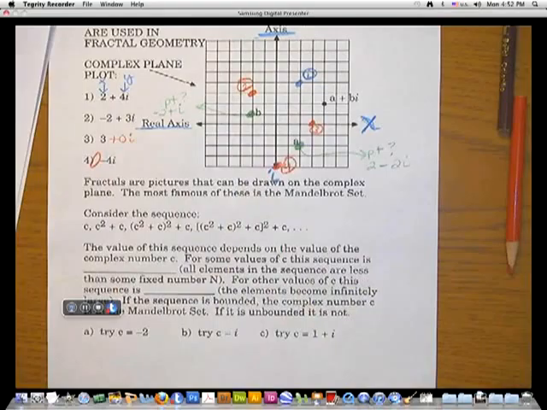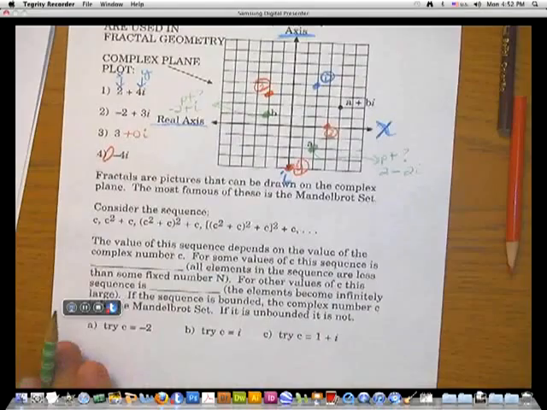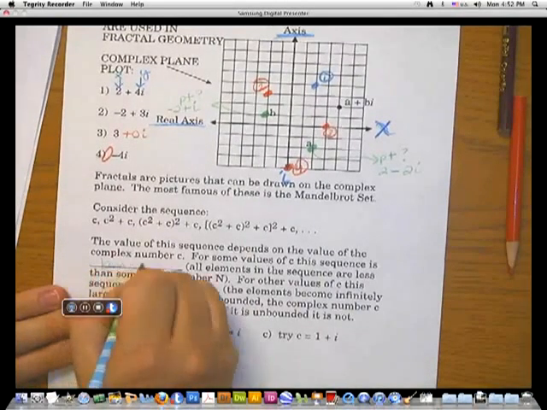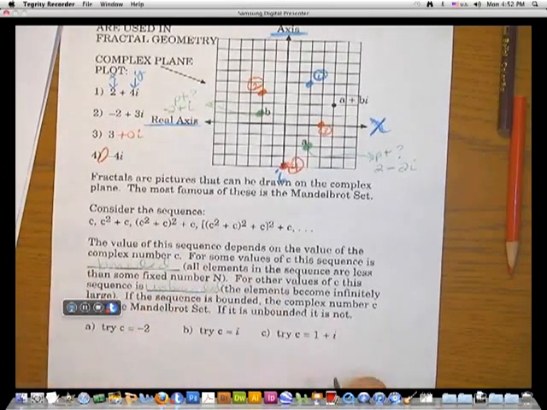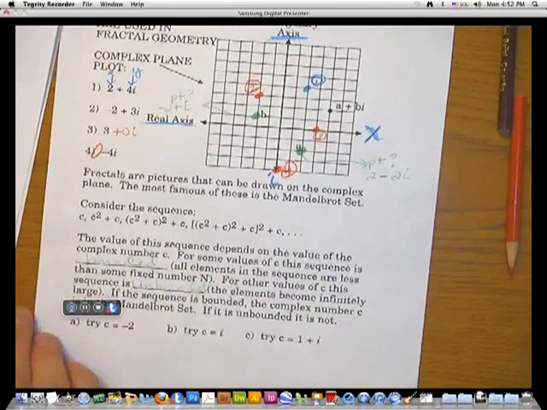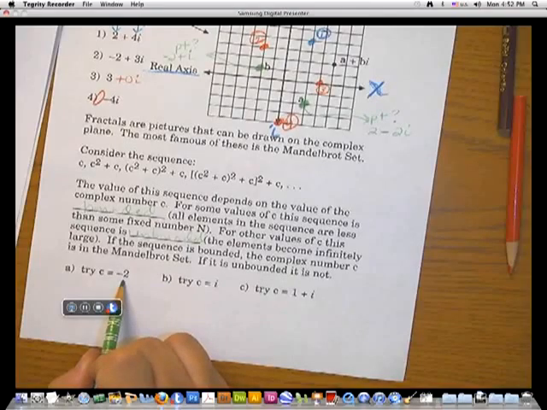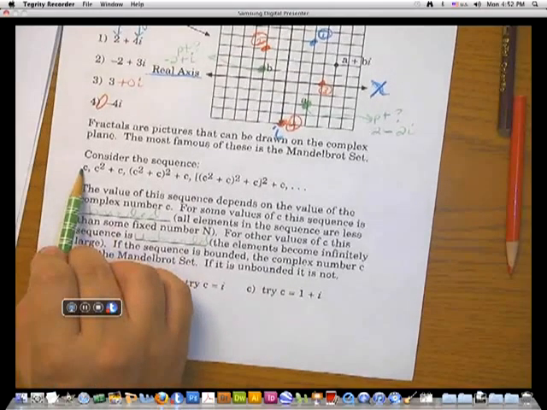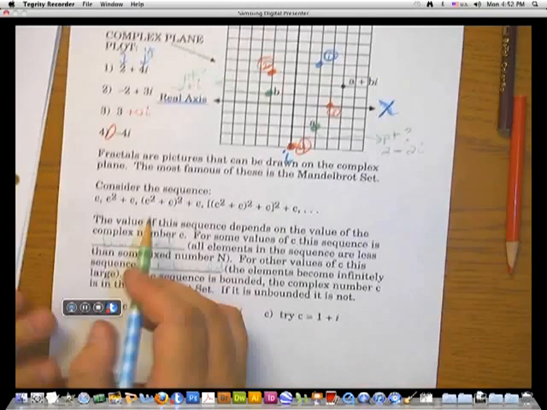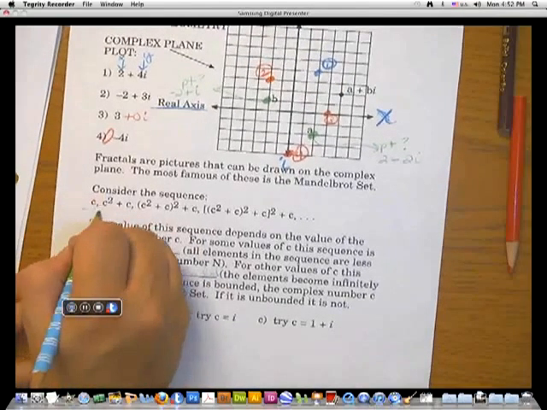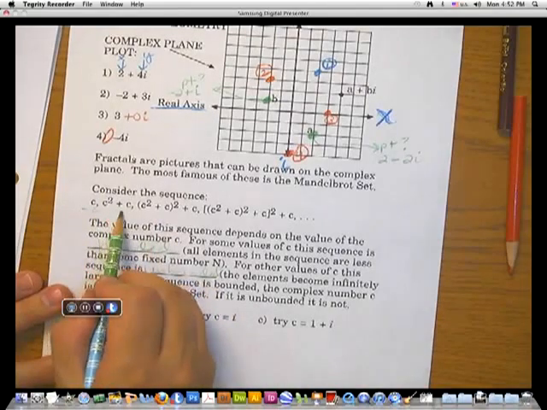Alright, this stuff down here, we don't do too much about it, but it does talk about being bounded and unbounded. But we really don't do too much with it. But it does say that if I have -2 up here, this would have been 4 minus 2, then this becomes 4 minus 2 for +2.